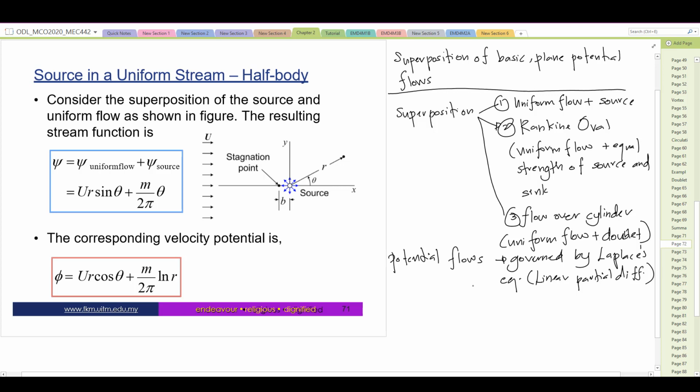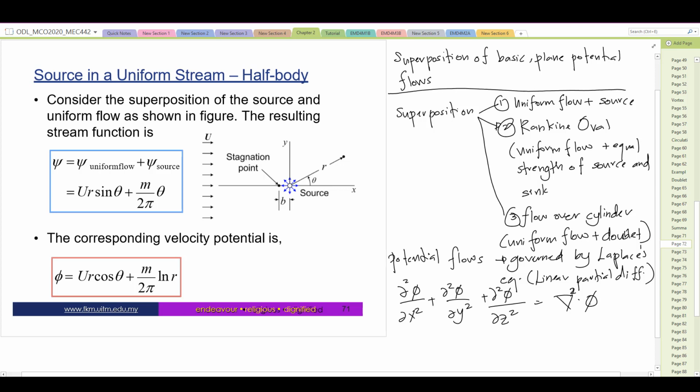Just recall that your Laplace equation is d square phi over dx square plus d square phi over dy square plus d square phi over dz square, or it is del square of phi, which is the velocity potential.